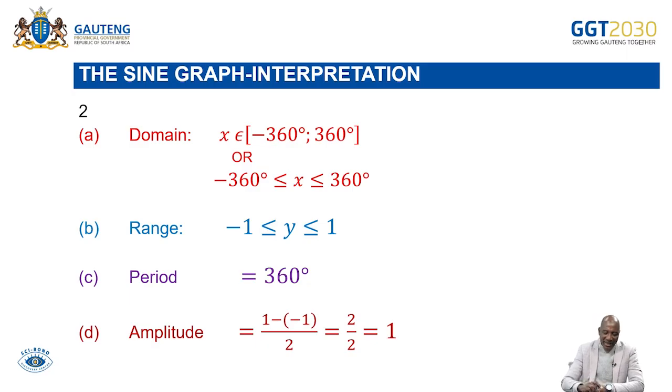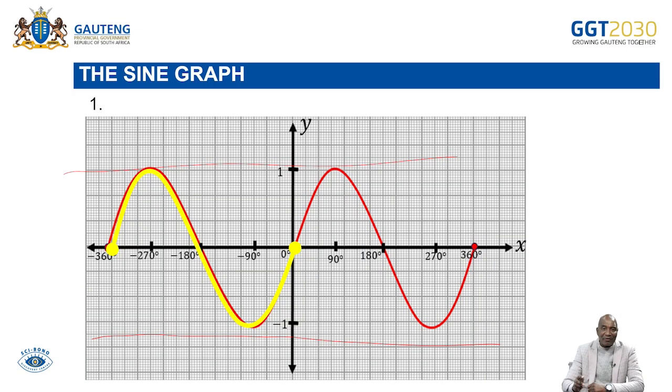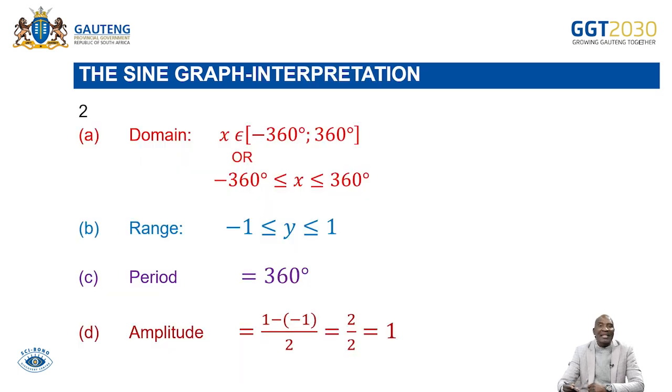We have already spoken about the period of our graph to say within a revolution, a cycle is completed. Therefore, our sine graph has a period of 360 degrees. This means we complete a wave after every 360 degrees.